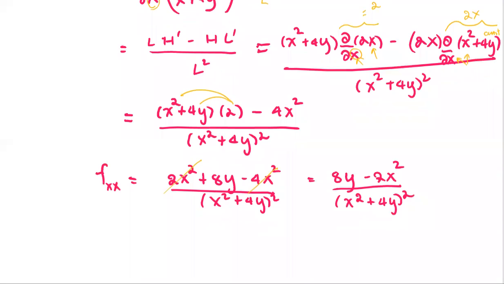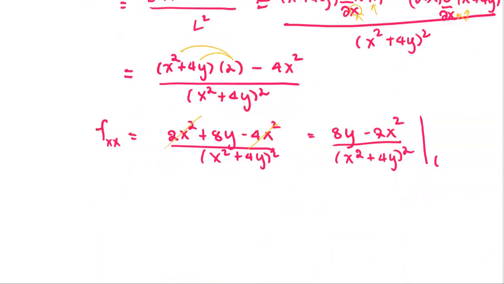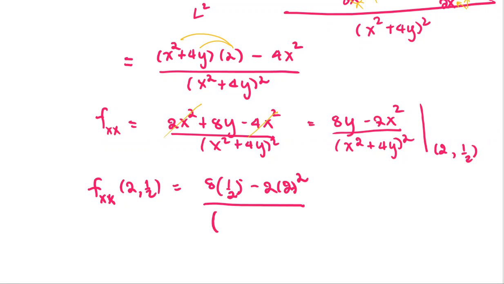And the problem asks you to evaluate when x is 2, y is 1/2. So then fxx at (2, 1/2) equals 8 multiplied by 1/2, replacing y with 1/2, and then minus 2 times 2 squared, all divided by the quantity, x is 2, so 2 squared plus 4 times 1/2, quantity squared.